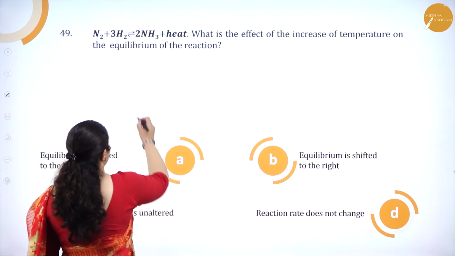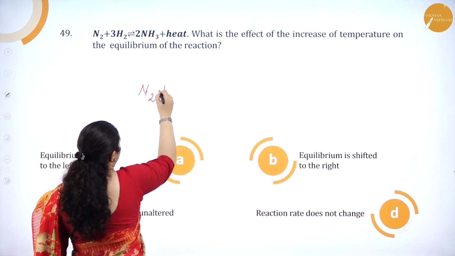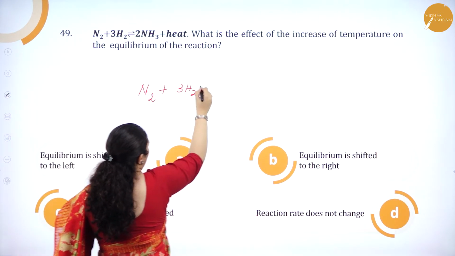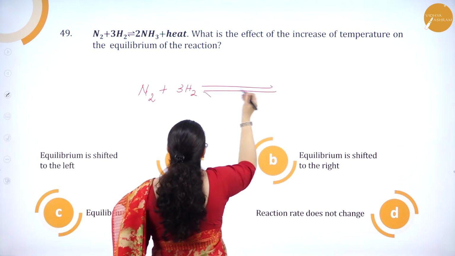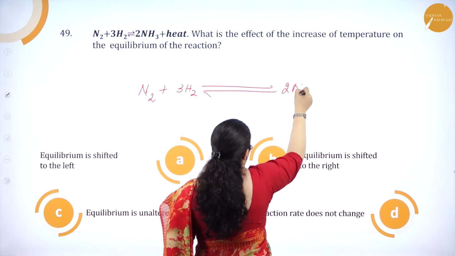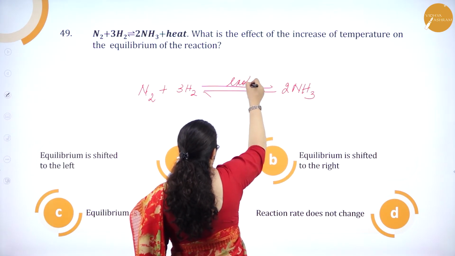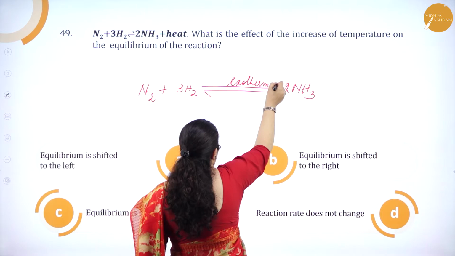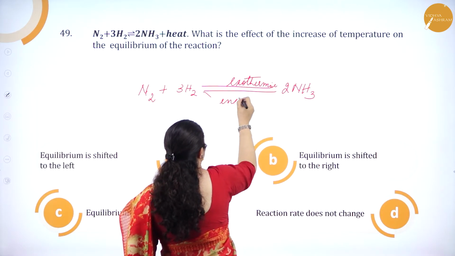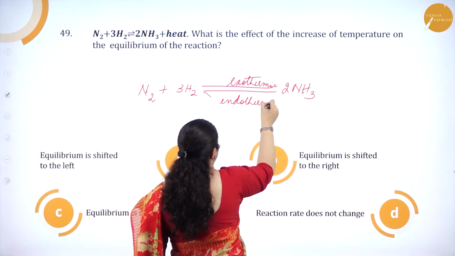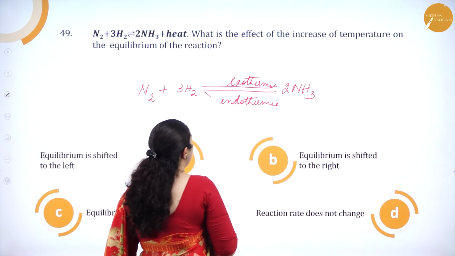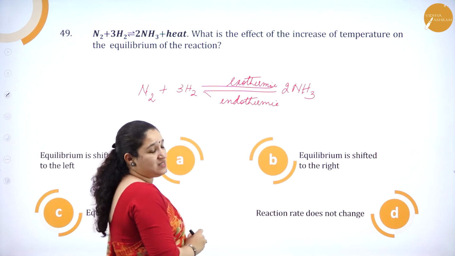So in this reaction, N2 plus 3H2 giving 2NH3. The forward reaction is exothermic. That means the backward reaction should be endothermic. Okay. So, effect of increase in temperature.